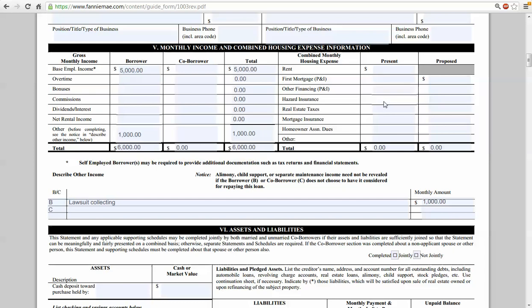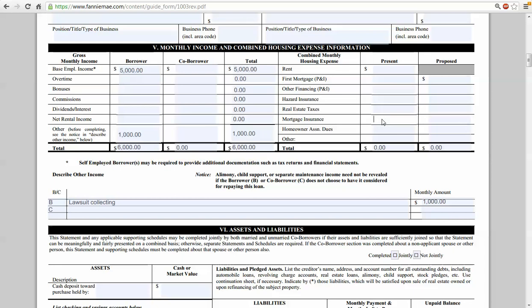You'll break out the monthly homeowners insurance as well as the property taxes. And again, most property taxes are paid either once a year or twice a year. If you have them already impounded in your current mortgage, then you'll have an amount there monthly, but just break that down to a monthly amount.